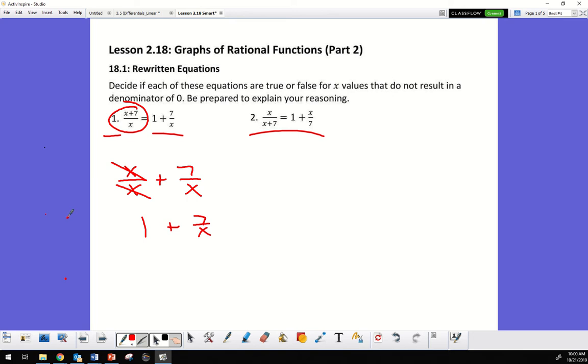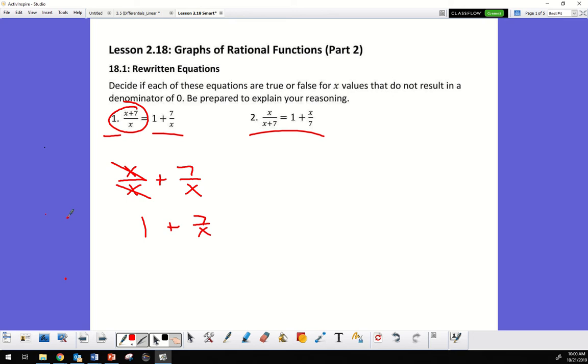Now, the second one. Is the second one going to work out the same way? Maybe. I don't know. So what would the common denominator over here be? I'm actually starting from this side this time. What would the common denominator on the right-hand side be?